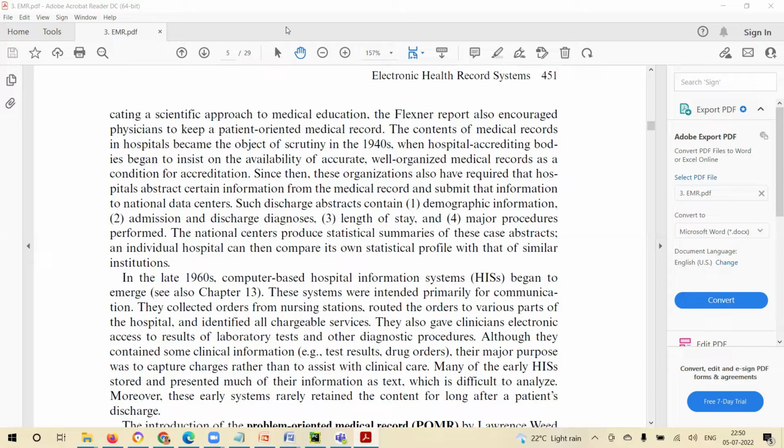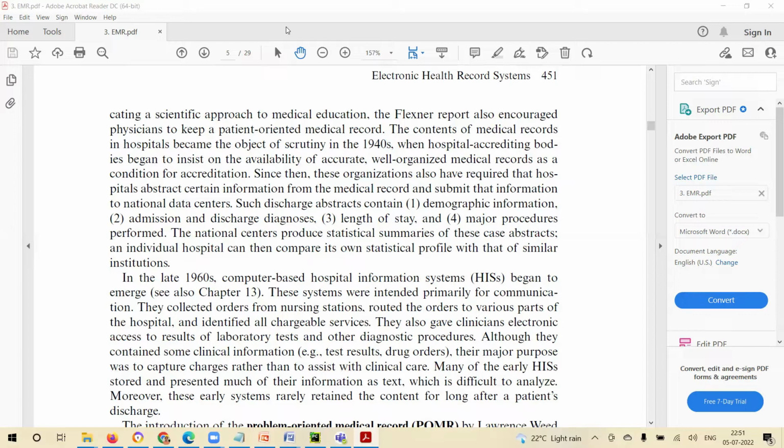There is a difference between what can be in HMIS or HIS versus EHR. EHR is all about patient history, patient record. So lab results, medicine, your prescription, all these things will be in EHR. But which facilities are available, which doctor is on duty today, who is on leave, these kinds of information will be stored in HIS.